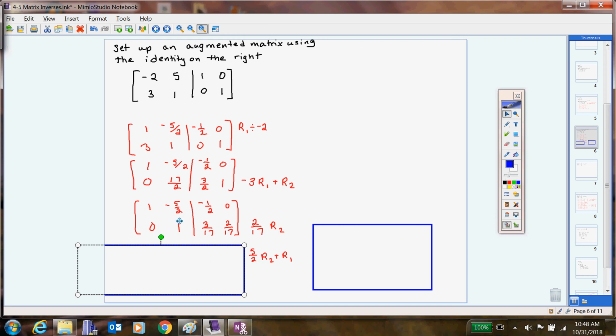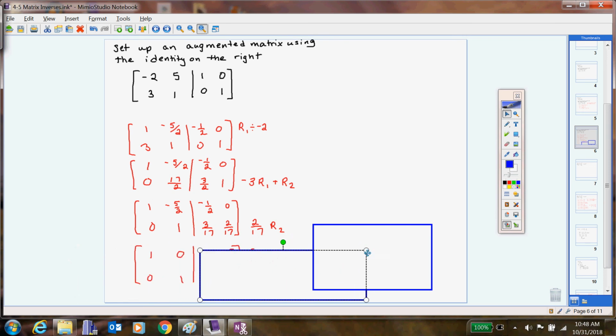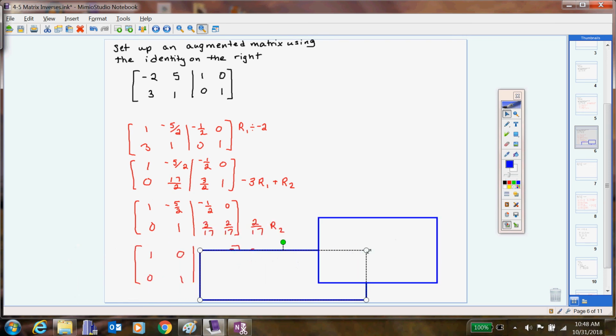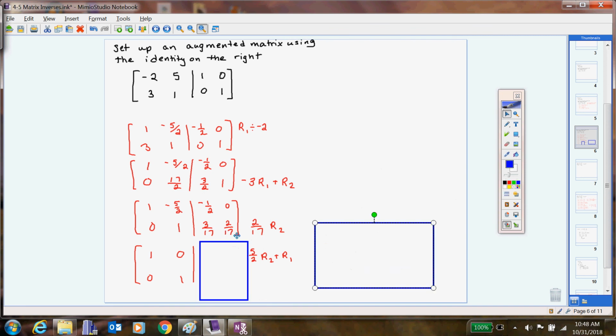So 5 over 2 times 1 gives you 5 over 2, plus negative 5 over 2 gives us 0. So we're to the point where we've got our 0 there. When we do 5 over 2 times 1/2, or 5 over 2 times 3 over 17, and then we add it to negative 1/2, it takes a little bit more of a process to get this.